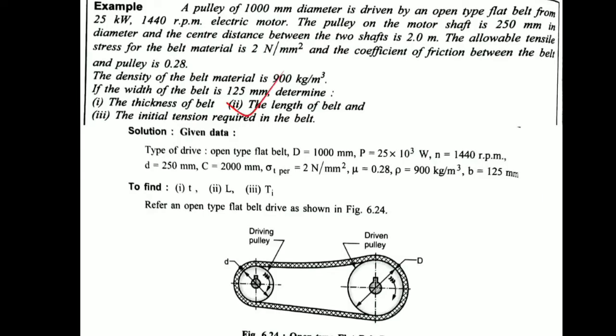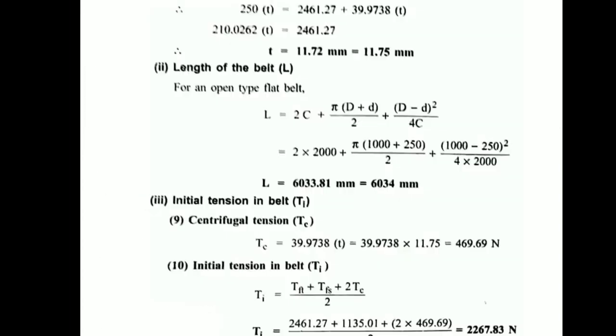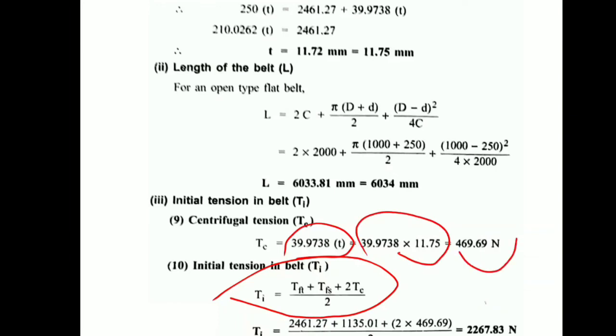Length of belt. Then third part is initial tension. We know the direct equation of initial tension, that is Ti is equal to T1 plus T2 plus twice of Tc. So Tc is nothing but this much, 39 we have calculated, and T right now we know. So by putting the T value we'll get 469 for Tc. So I put here 469.